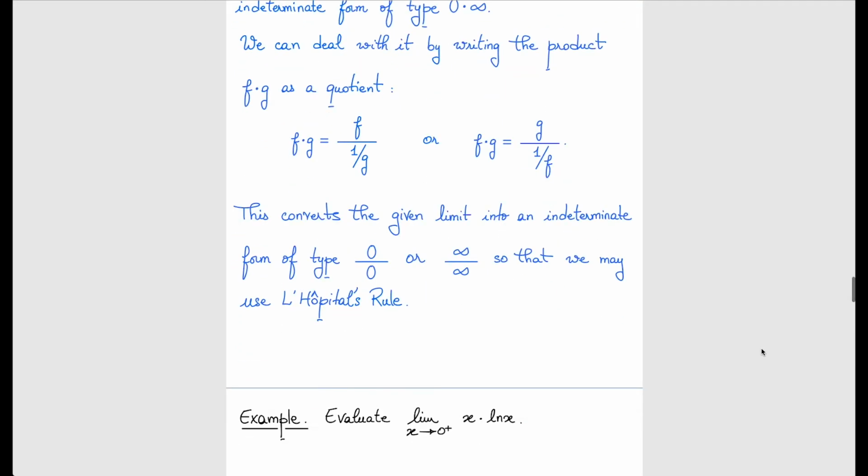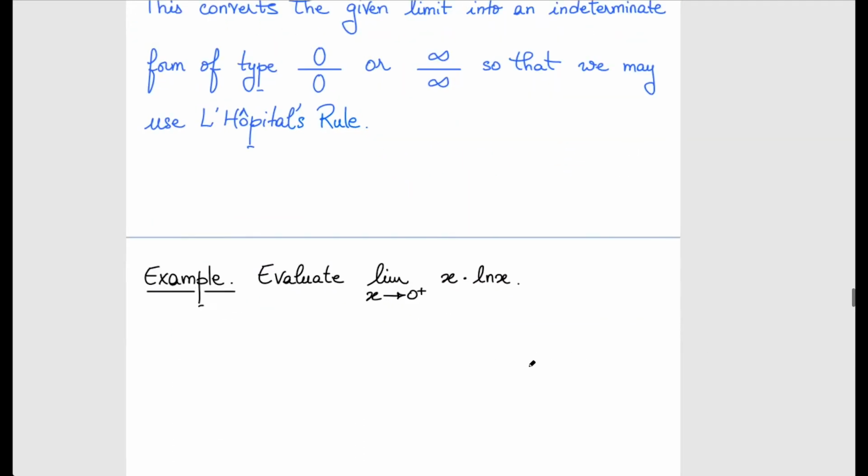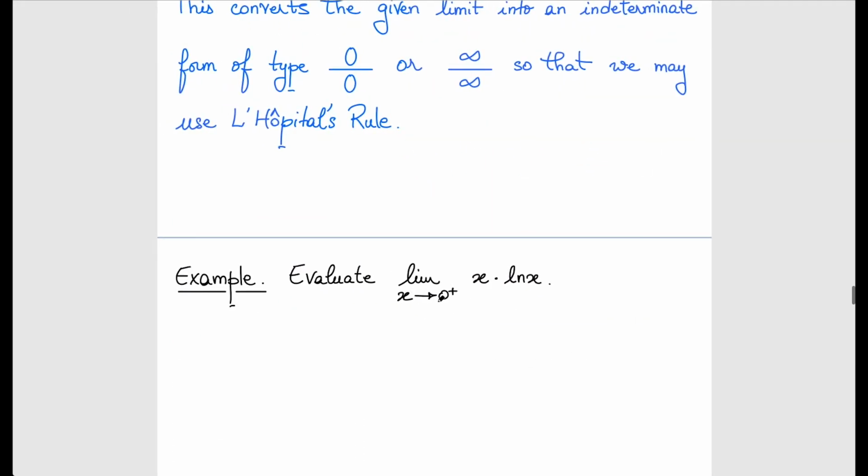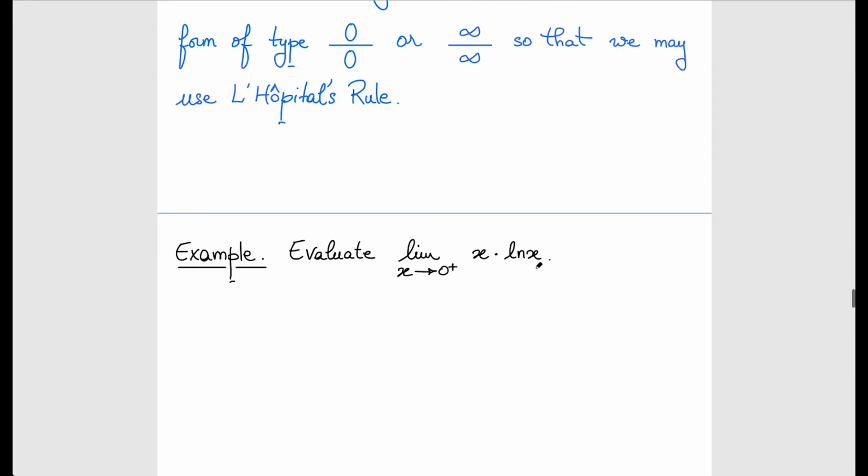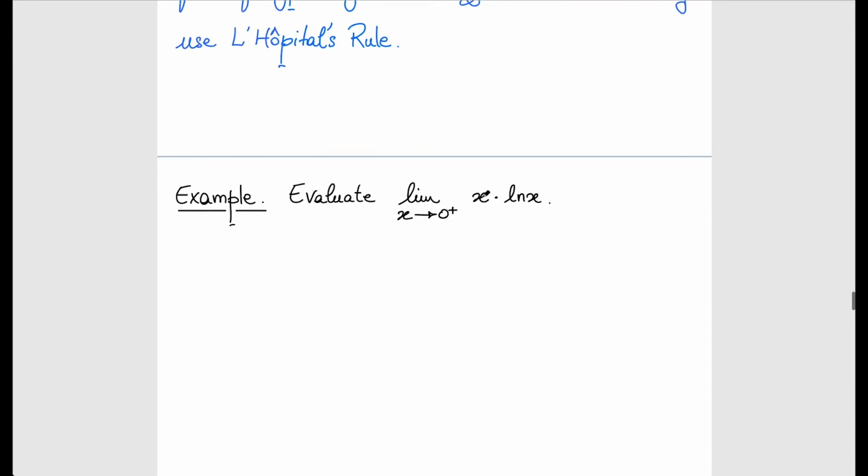Okay, so let's take an example. Let's evaluate the limit as x approaches 0 from the right of x times ln of x. So clearly, as x goes to 0 from the right, this goes to 0, right? And ln of x, where does it go? Just a second here. So that's ln of x.